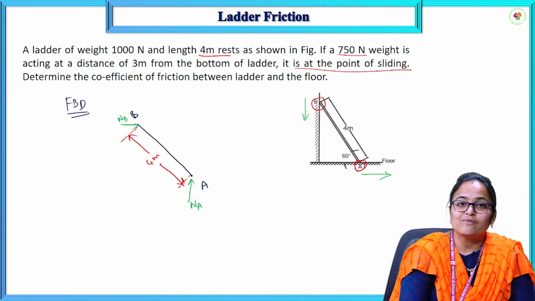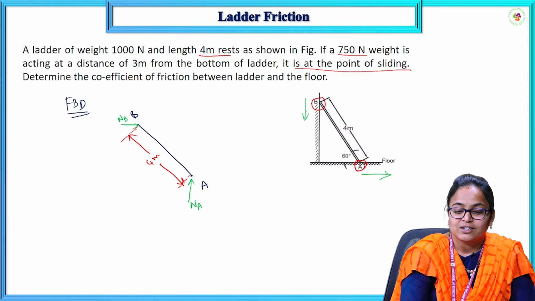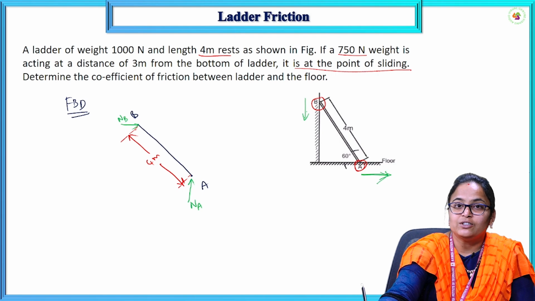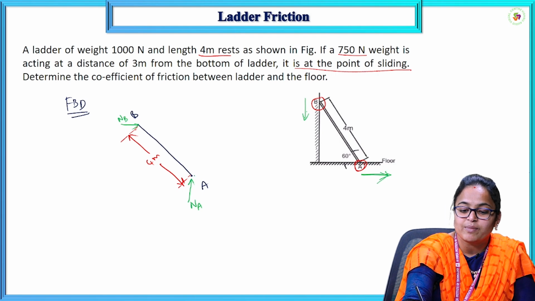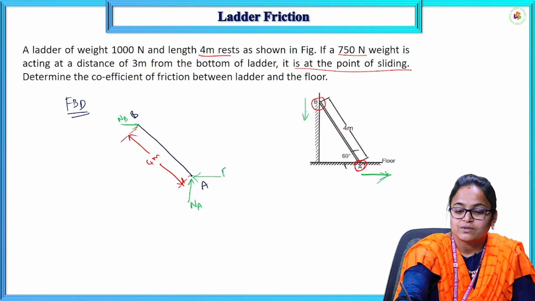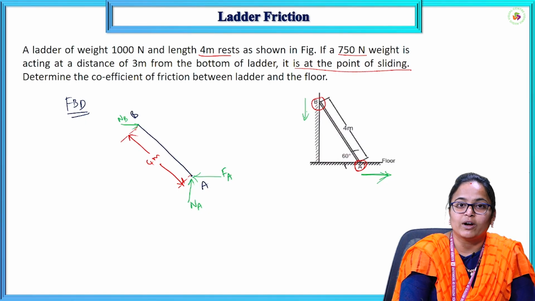The frictional force will be opposite to the sliding action of the ladder. At point A, the ladder will slide towards right, so the frictional force will be towards left. This is at point A.